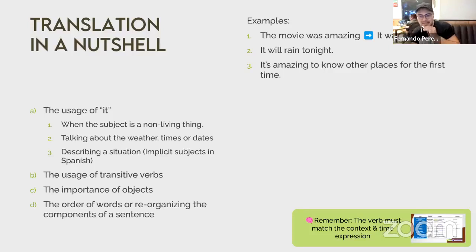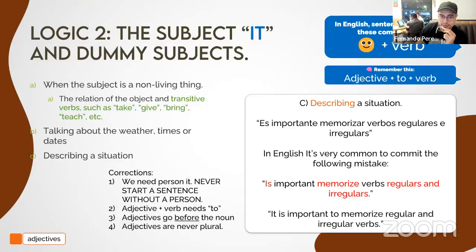"It's amazing to know other places for the first time." Here we are using the formula that we were talking about in this slide: adjective plus "to" plus verb. If you want to be more specific, you can use "it's," then an adjective, then the connector "to," and then the verb.